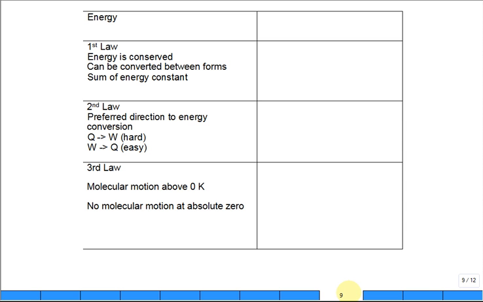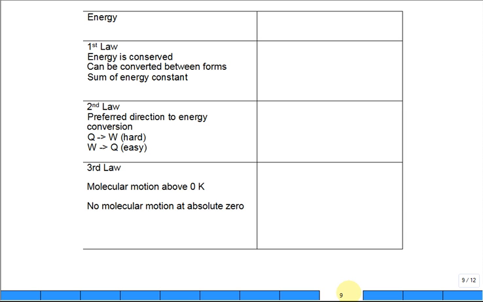It can be converted between forms, and as engineers, we like to do that. We like to manipulate and convert energy between forms. But at the end of the day, the sum of the energy is constant. You didn't create any energy. You didn't destroy any energy. You just transferred it between forms as a clever engineer.